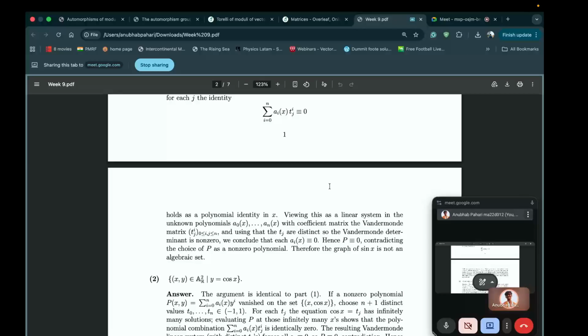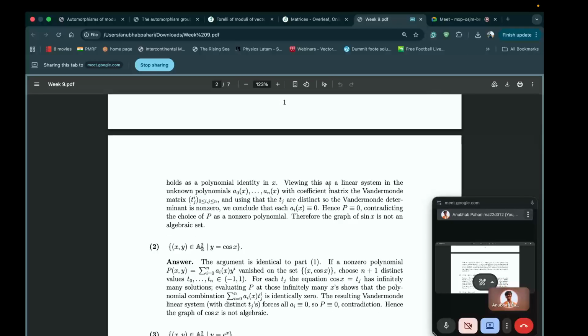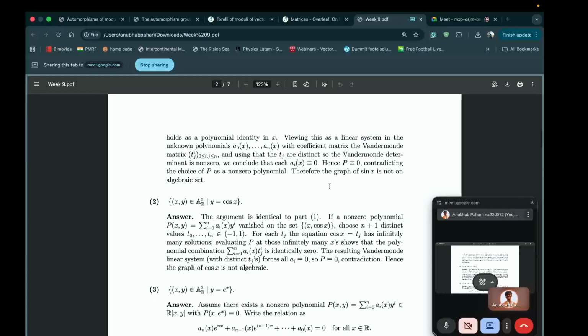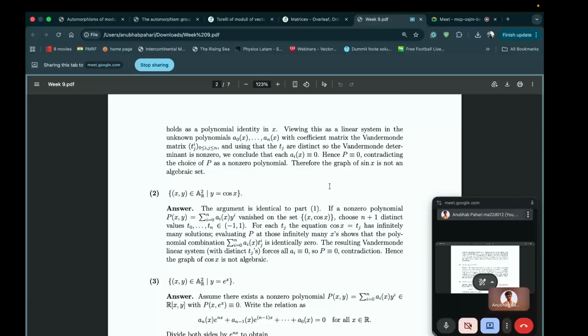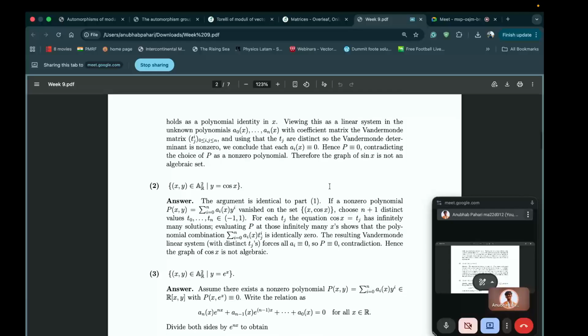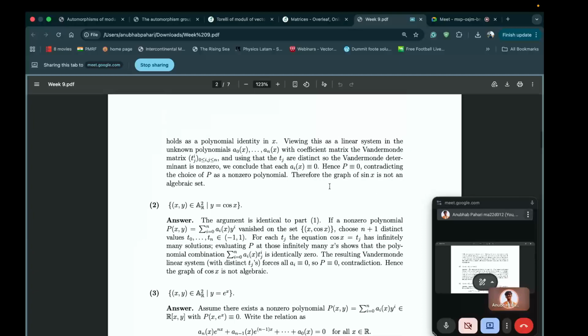Hence p equals 0, contradicting the choice of p as a non-zero polynomial. Therefore the graph of sin x is not an algebraic set.